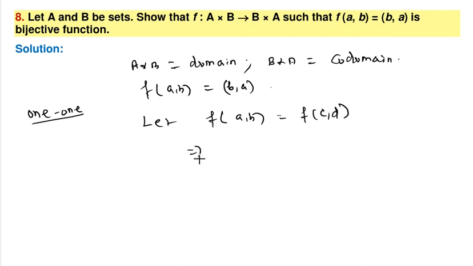Clear? f of (A, B) is (B, A) and f of (C, D) is (D, C).